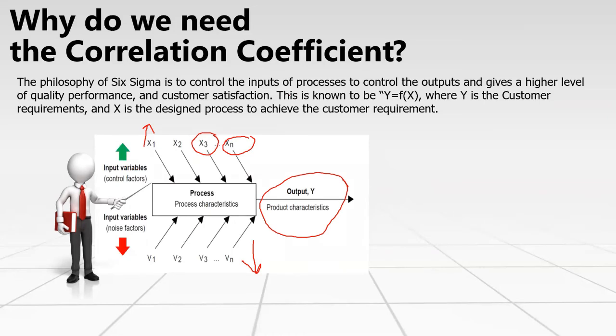But the most important point is that before you apply efforts to improve those factors, you need to make sure that there is a very strong correlation between those factors and the output. Otherwise, you might be losing time and wasting money.